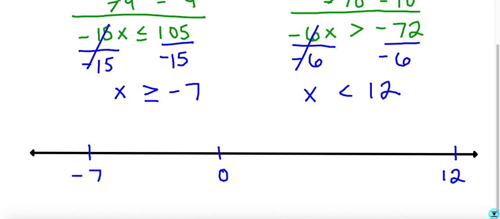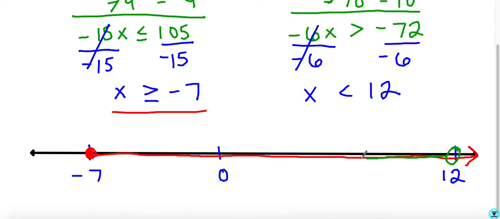So for our first inequality, where x is greater than or equal to -7, we shade in our circle because -7 is included, and then we shade to the right. So I'm going to try to do that as straight as possible. And then x is less than 12. We have an open circle because 12 is not included, and we shade to the left.